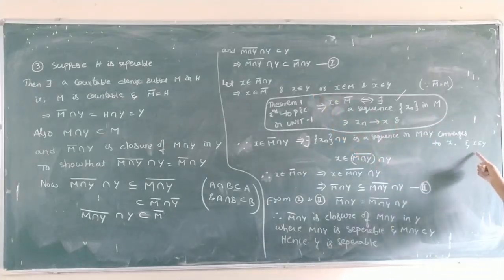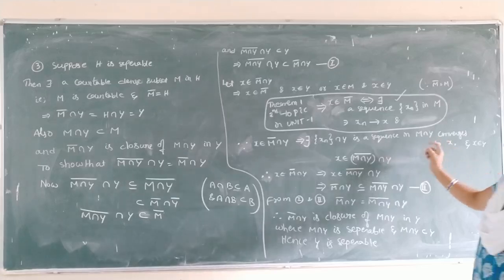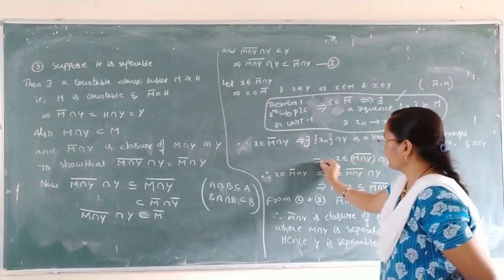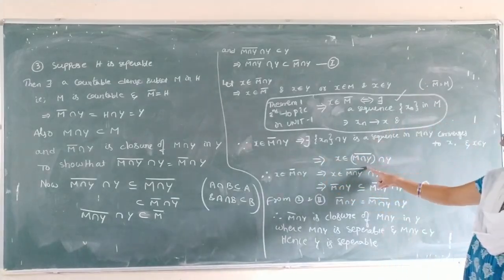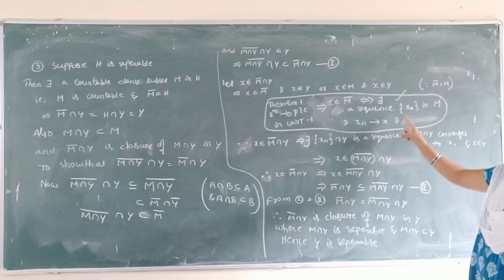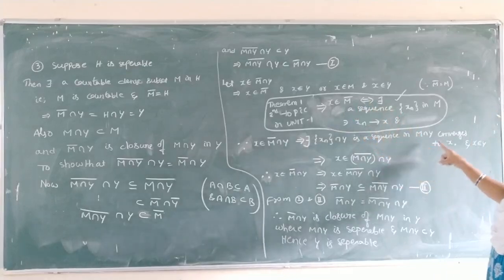Okay, right. Now x belongs to Y. From this it implies that this element x belongs to M intersection Y whole bar. So apply this if and only if x belongs to M bar. Here M bar means the sequence is in M intersection Y whole bar.